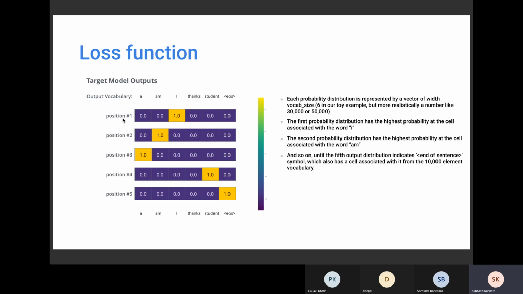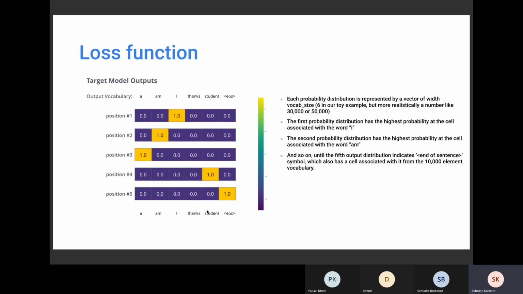Here you can see, for 5 timestamps, what the expected probability distribution is going to be. The first timestamp is supposed to have an "I", the second position an "am", and the third an "a", and so on.